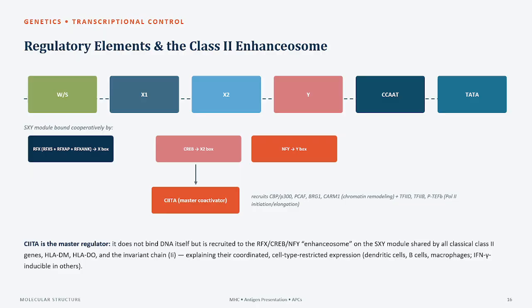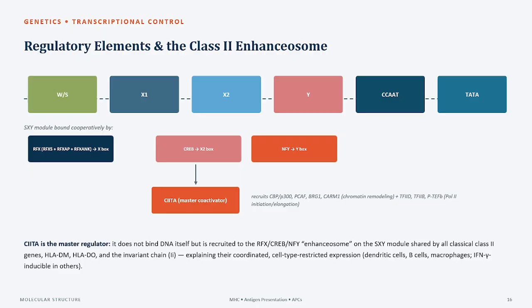So the upstream most element of the promoter module, which is the W box. You have the X1 box, which binds the RFX complex, the X2 box that binds the CREB protein, and the Y box that binds the NF-Y complex. So there are a specific set of transcription factors that bind cooperatively with the SXY module to form a stable nucleoprotein complex.